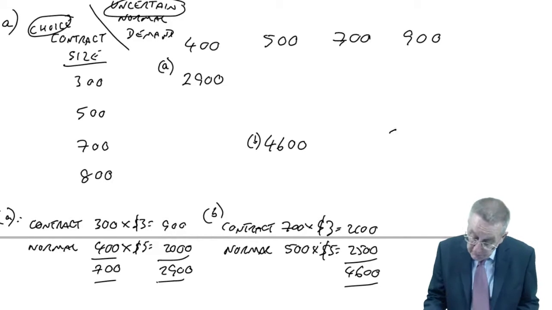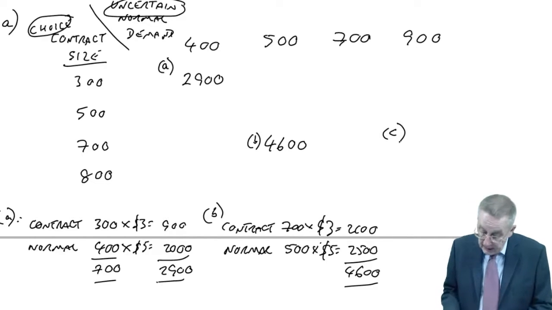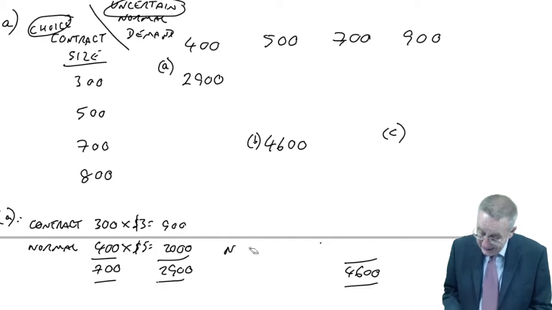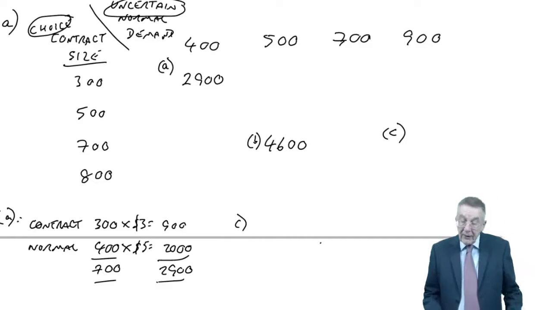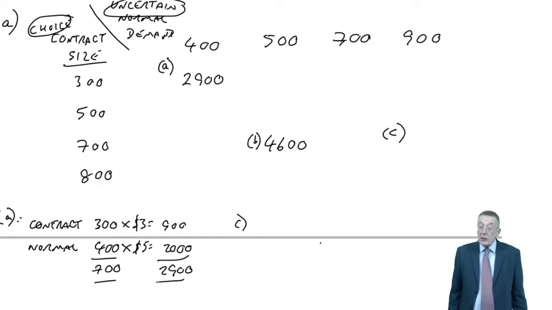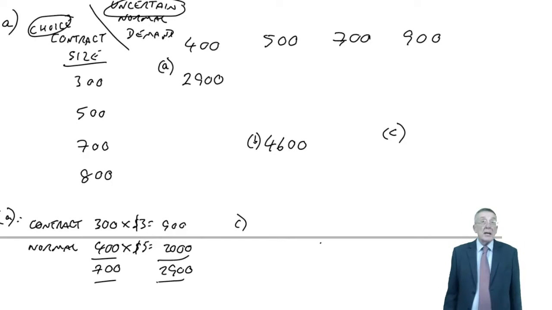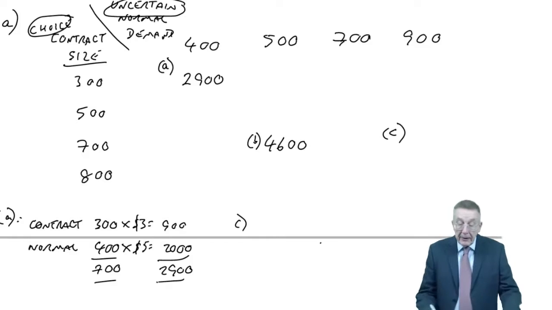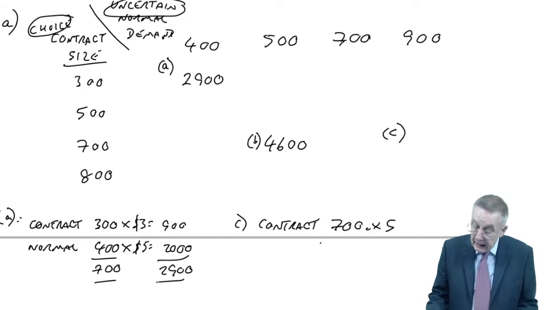Let me just do one more in full. And be careful here. I'm going to have space, so C. C, we signed a contract for 700, and normal customers want 900. Well, remember, if we sign the contract, we have to produce those 700. They give $3 a unit.